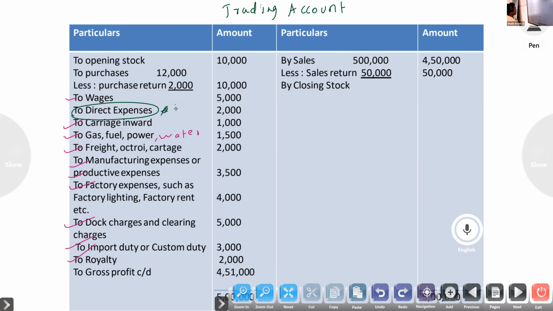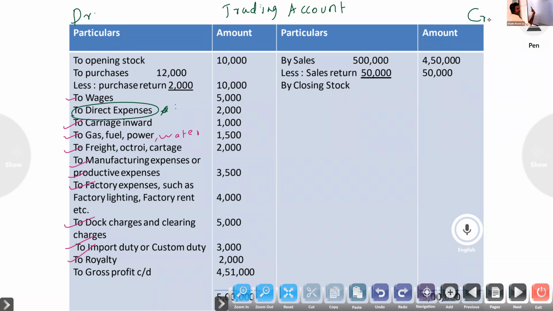Opening stock, purchase minus purchase return, then all direct expenses: wages, carriage inward, power, fuel, water. If the question asks for a journal entry, it is very easy. Listen here: trading account debit side. The entry will be trading account to opening stock, to purchase, to wages, to carriage inward.